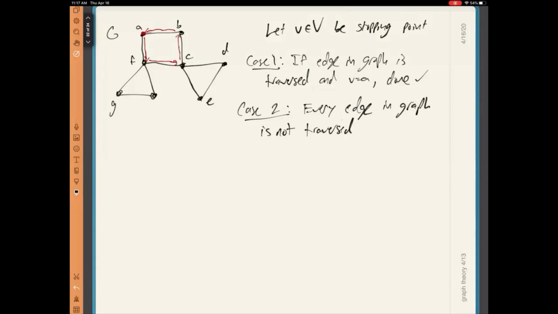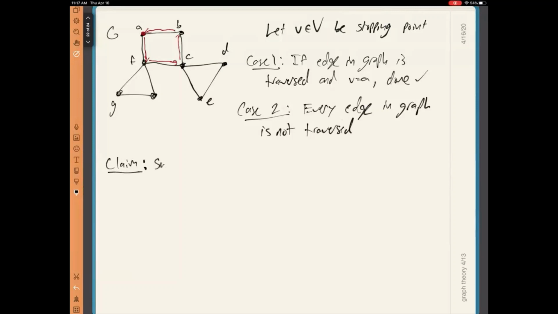So the one thing that we can use to our advantage: notice in case 2, we ended at the same point that we started at. And so you may wonder, if this algorithm stops and you don't hit everything in the graph, did you at least produce a circuit? Did you at least end at the same place that you started? And it turns out that this is the case. So let me write this as a claim.